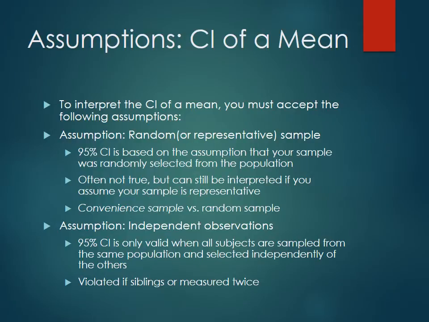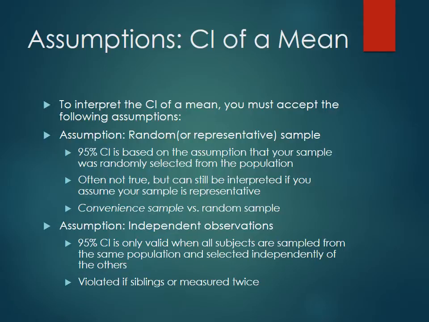So when you're evaluating a confidence interval that might be reported in the medical literature, it's important to remember some assumptions. One assumption is that the sample you're looking at has been randomly selected, or is at least representative of the population you're interested in.